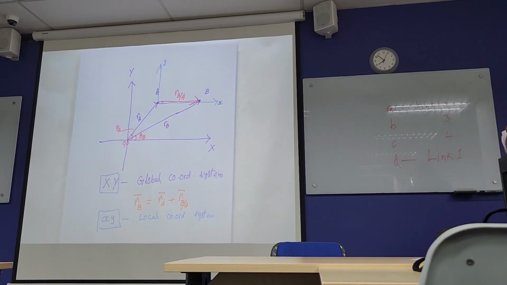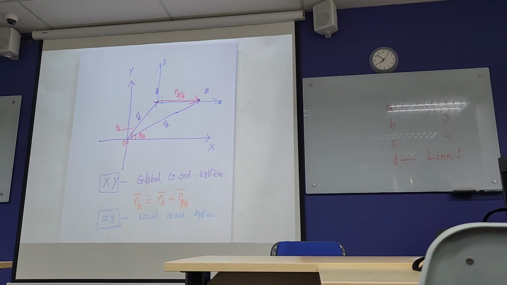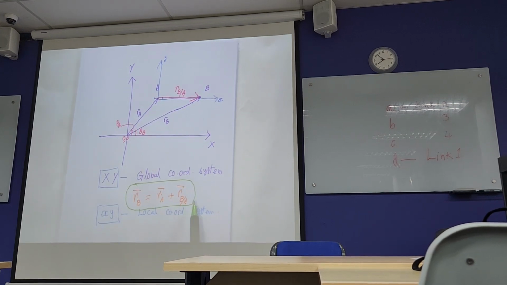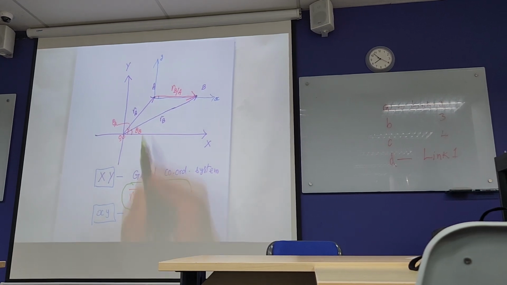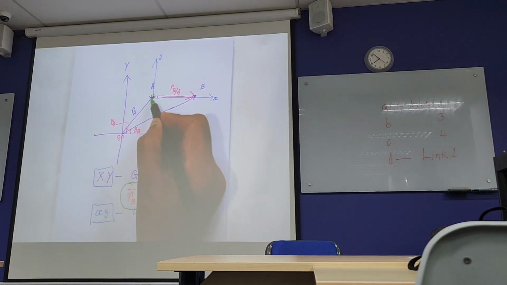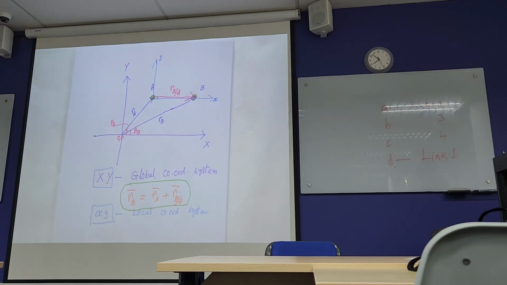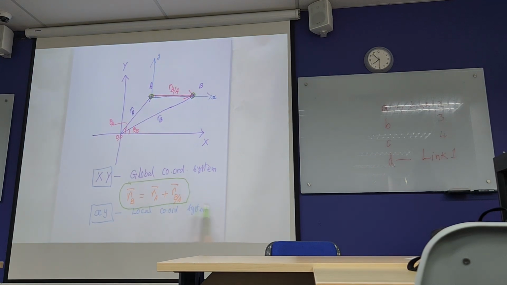The most important point here is that the position of B is equal to the position of A plus the position of B to A. This is your A, this is your B. Now, this equation is a vector equation.